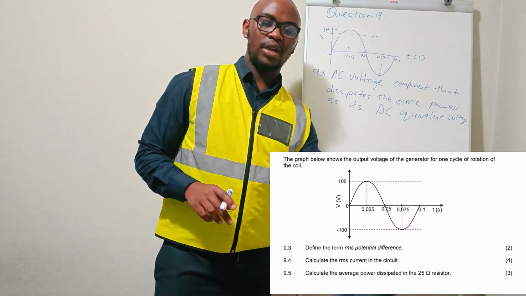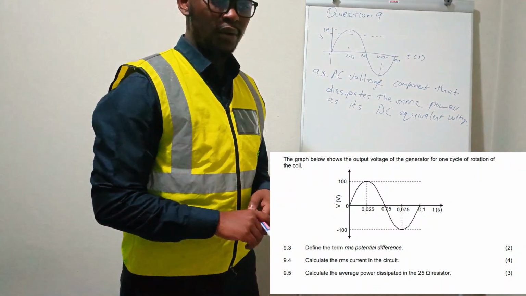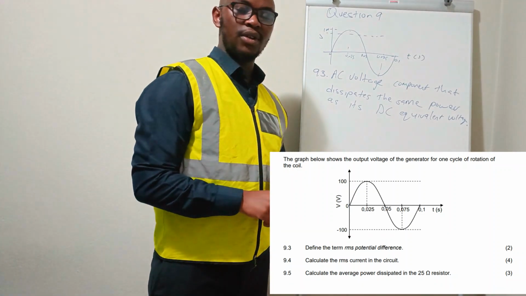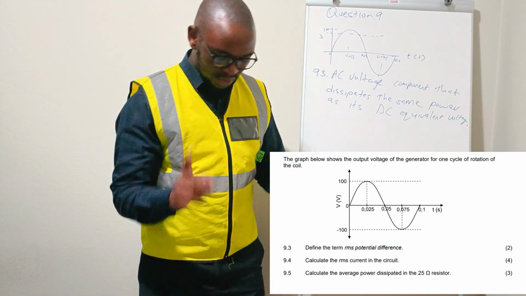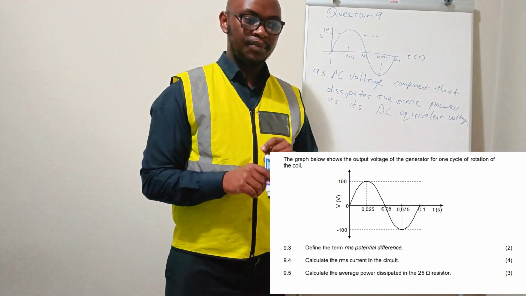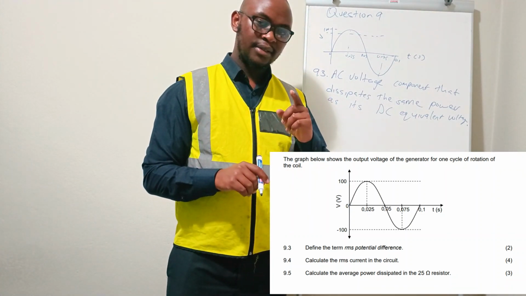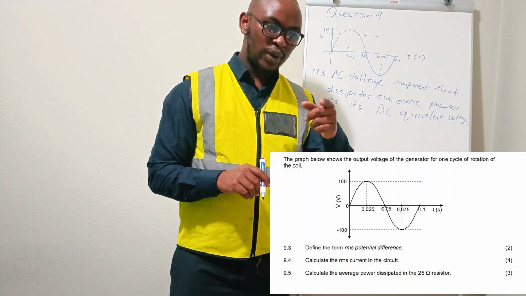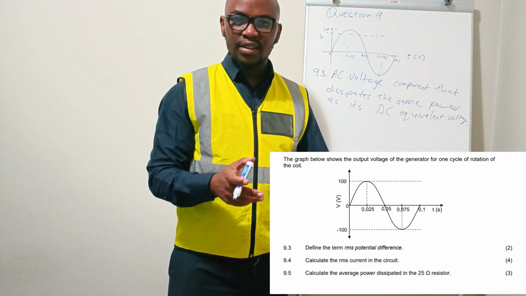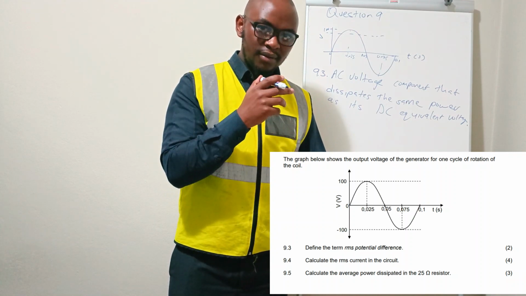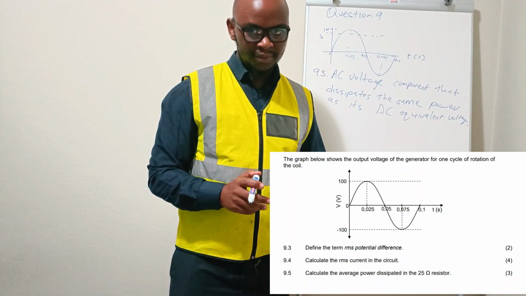Now we're going to have a look at question number 9.4, which is asking us to calculate the RMS current in the circuit. What I want you to note is that, now that we've been working out the potential difference, it's easy to quickly think that the question refers to the RMS voltage.